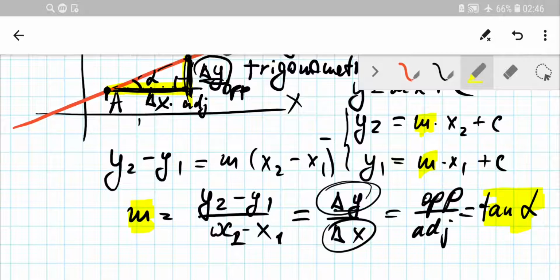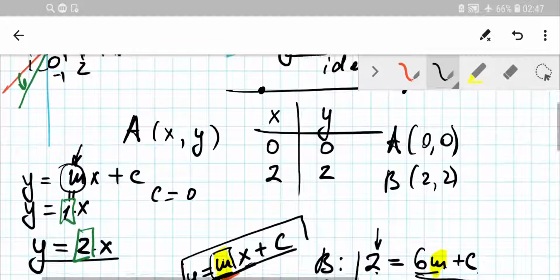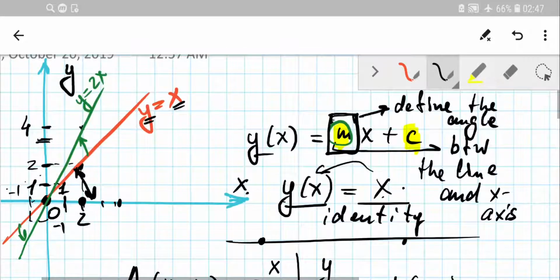Because here we actually revealed the interrelation between alpha and coefficient m, we can go back to the very beginning where we just made an assumption about how coefficient m is connected with the angle.